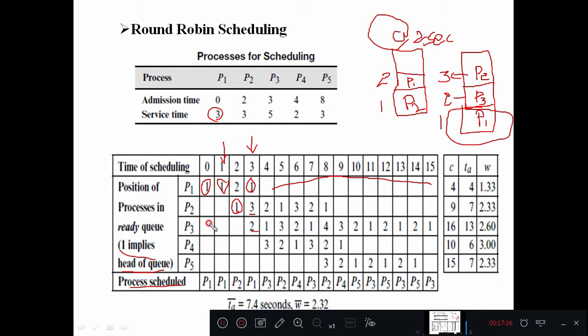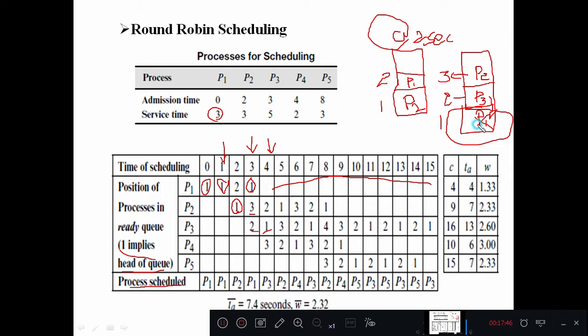So next, after P1 completes its execution, the next turn will be P3. So P3 is at the head of the queue, so P3 is numbered as 1 at the 4th second, right? And at 4, P4 is entering, so that will be kept after the preempted process. But the preempted process is P1, which has completed its execution and will be removed from the memory, right?